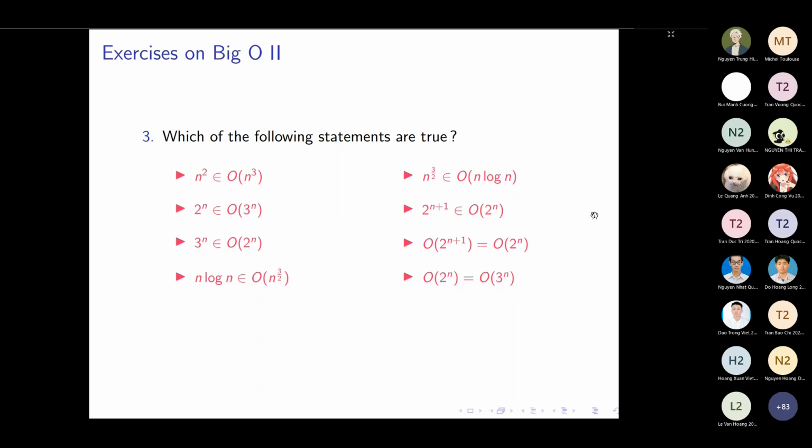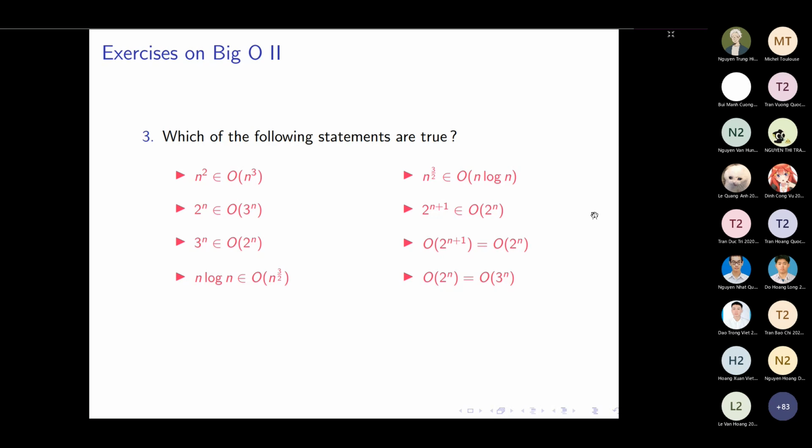For question G, I think the answer is true because every function which belongs to big O of 2 to the power n plus 1 will belong to big O of 2 to the power n.